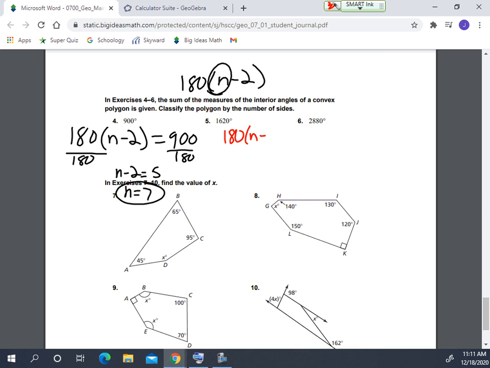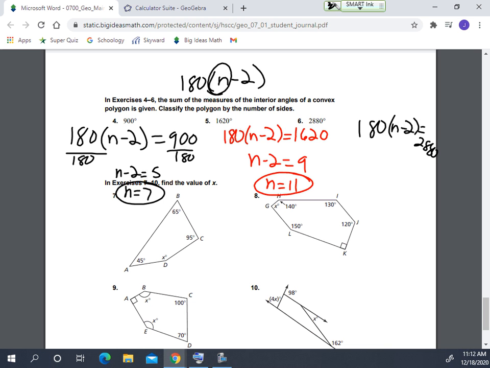Let's do that again. 180 times n minus 2 is equal to 1620. Okay, 1620 divided by 180 is 9. Add 2, we get n is equal to 11. Sweet. Last one. 180 times n minus 2 is equal to 2880.